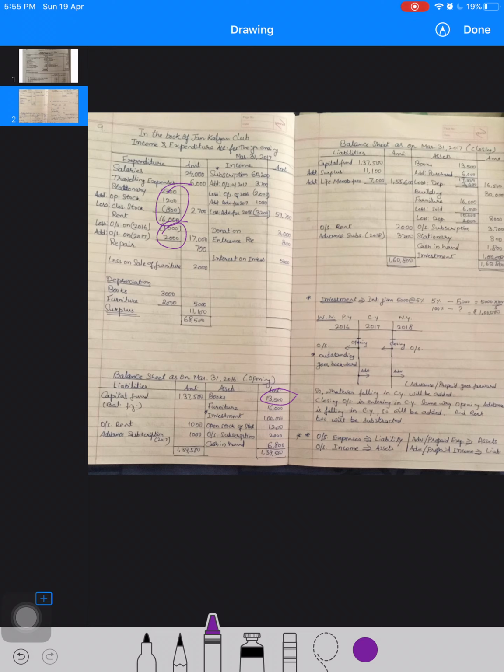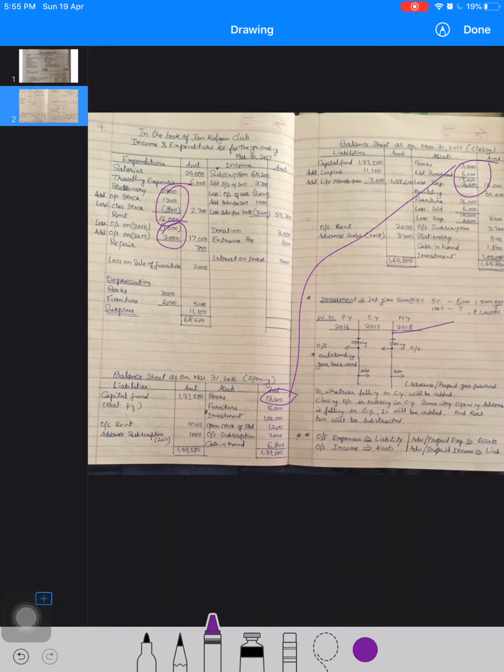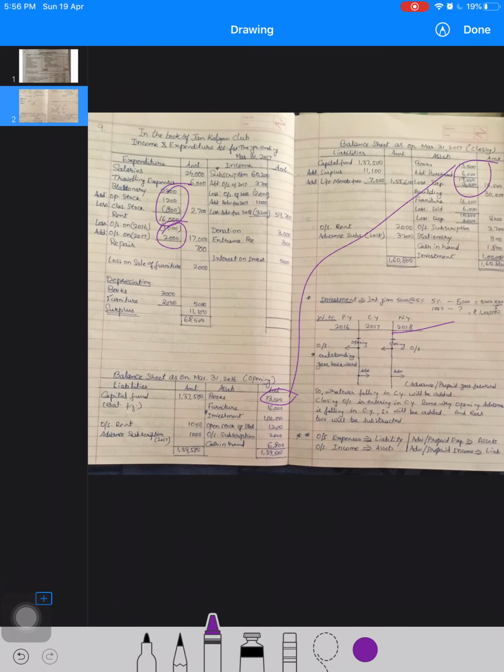balance sheet. Here I have written 13,500. Then in the closing balance sheet, books last year opening stock, this same you will carry forward, 13,500. Add purchases, this is given here, so you will add it. But the closing stock is given as 16,500, that means this should be our closing stock, 16,500, so this will come in the outer column.